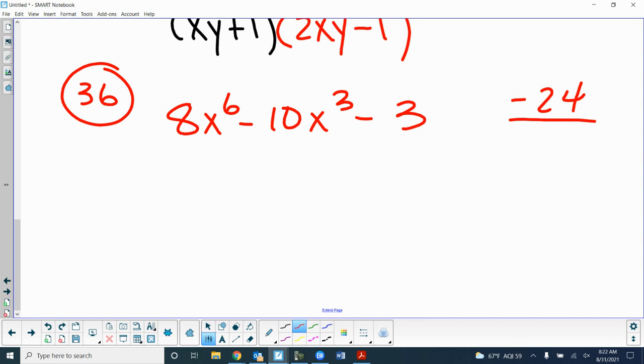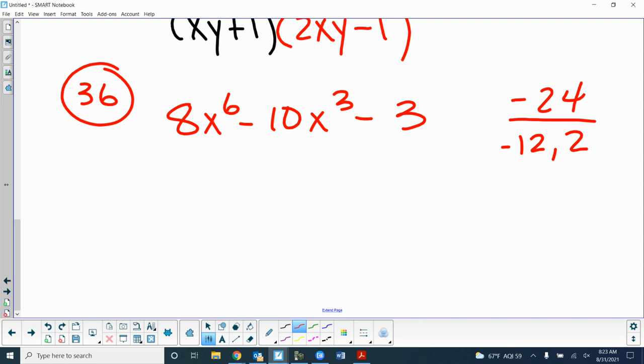Okay. I'll need a negative 12 and a positive 2. Why? Well, why will I need those 2 factors? Griffin? Right. It'll give me a negative 10 in the middle, right, when I add them.